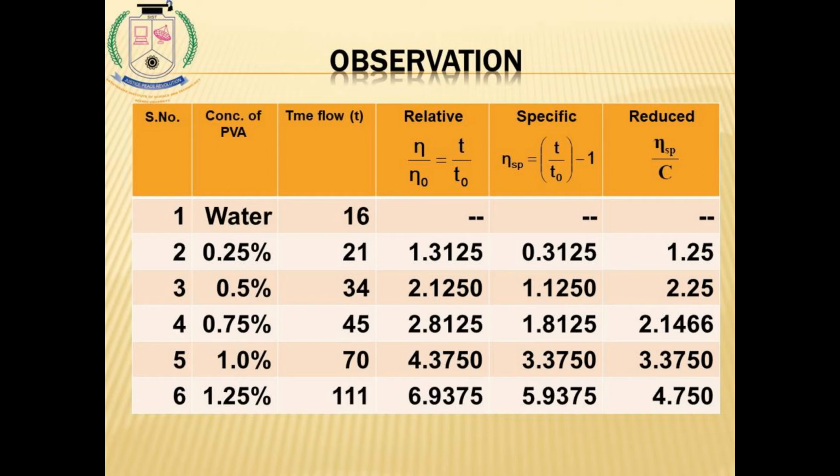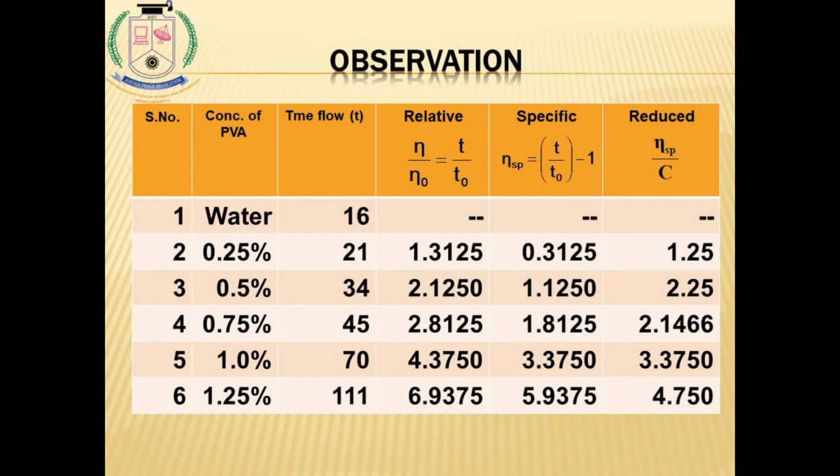And reduced viscosity means the specific viscosity divided by the concentration of our polymer. These are the 3 viscosities we are observing and calculating according to the formula.